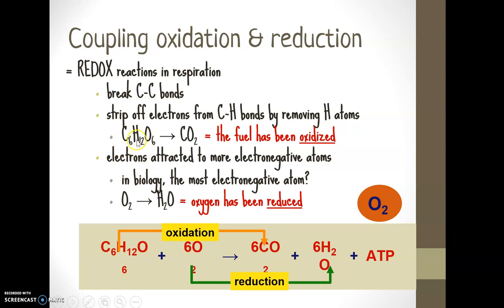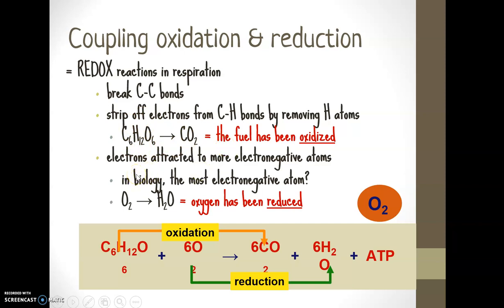So basically 2 hydrogens per carbon. We're stripping the hydrogen atoms from the carbon to create our CO2. So that means that the fuel has now been oxidized. So our glucose, our fuel, our energy has been oxidized because our electrons have been removed.